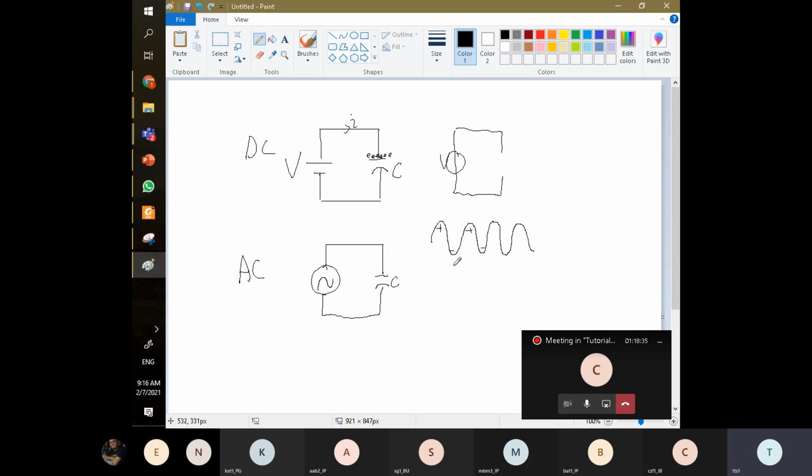So we have this behavior because we have a frequency parameter. When we apply this to the capacitor, the capacitor will behave something like a resistor. But we won't call it a resistor. You'd be really confused. We call it a reactance, XC.